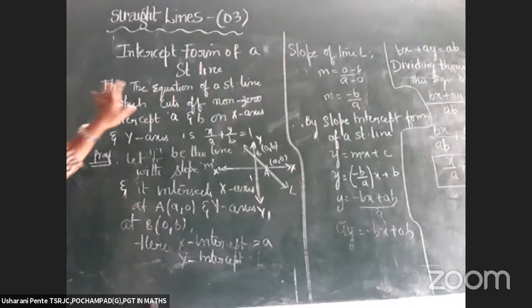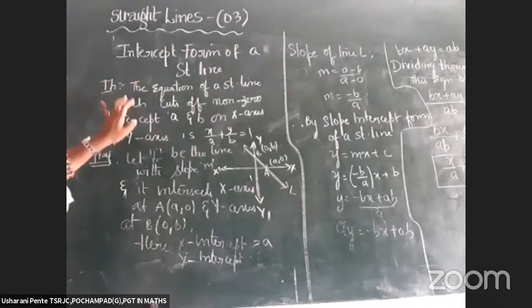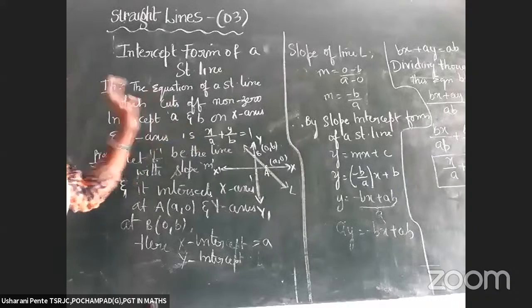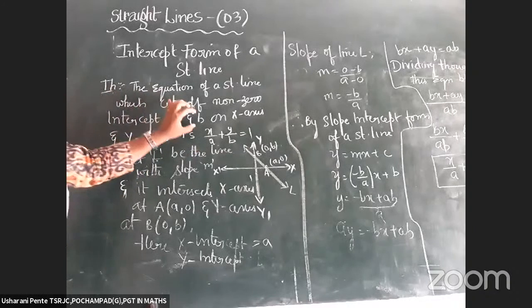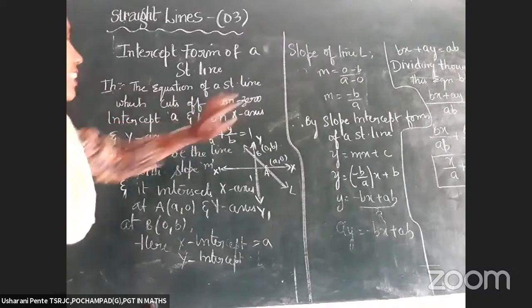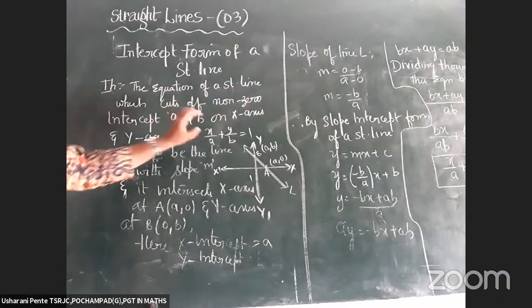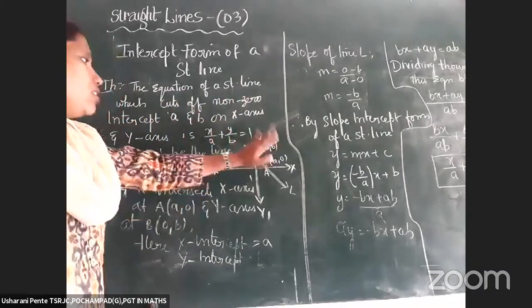The theorem: the equation of a straight line which cuts off non-zero intercepts a and b on the x-axis and y-axis is x by a plus y by b equals 1.